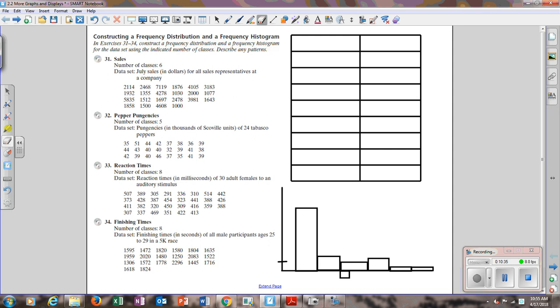Alright, let's start over. 51 minus 32 divided by 5. So they're going to go up by 4 each time. You have no idea how mad I am right now.